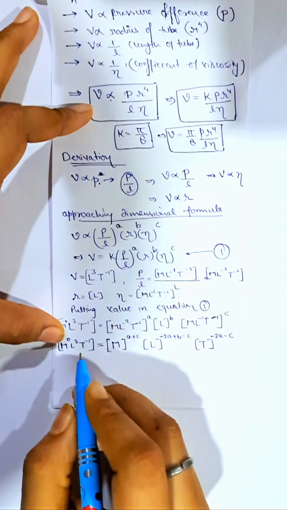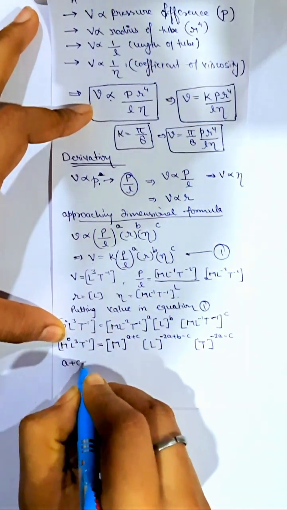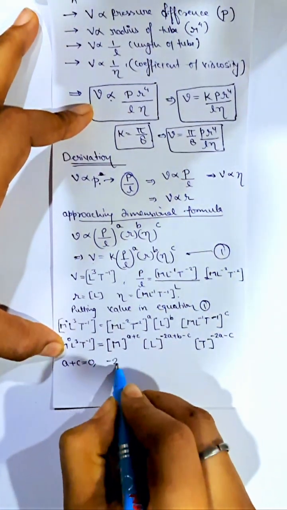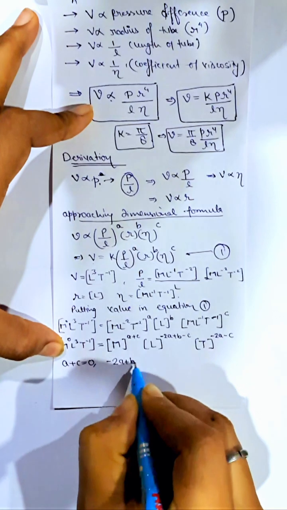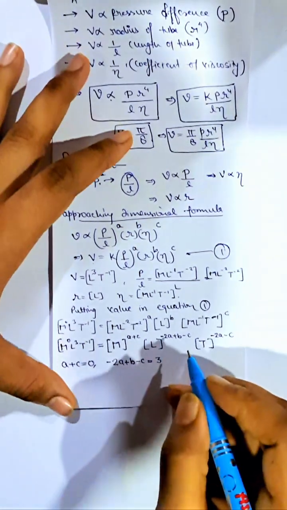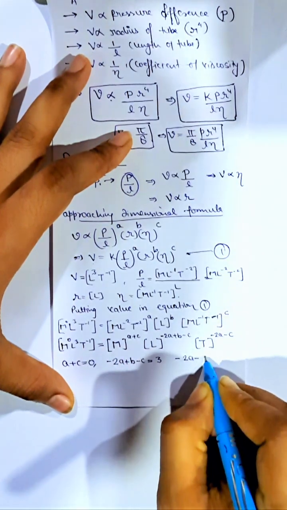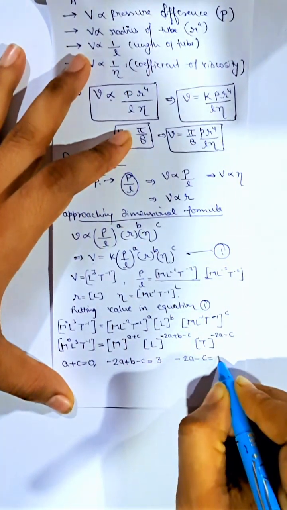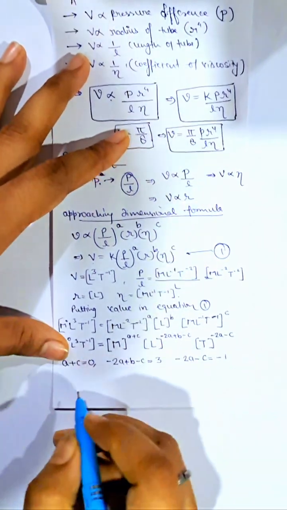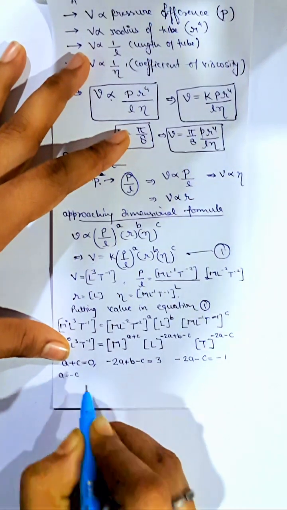So from here we get a plus c is equal to 0, minus 2a plus b minus c is equal to 3, and minus 2a minus c is equal to minus 1. Solving all this, a is equal to minus c.